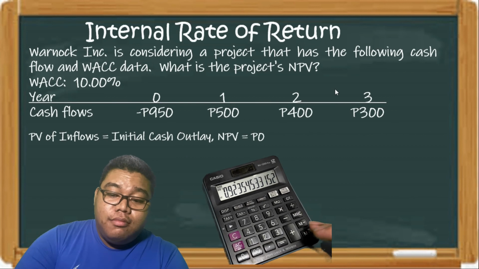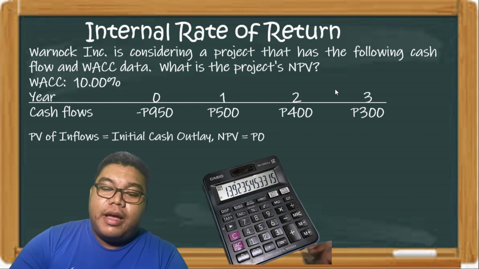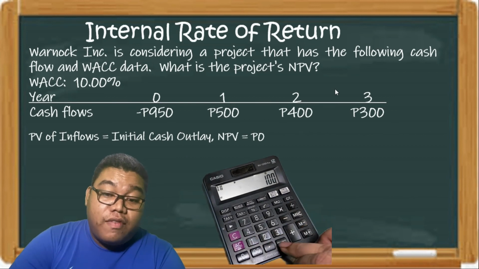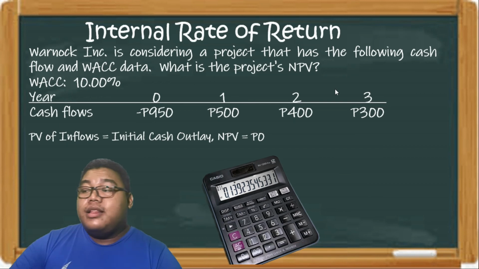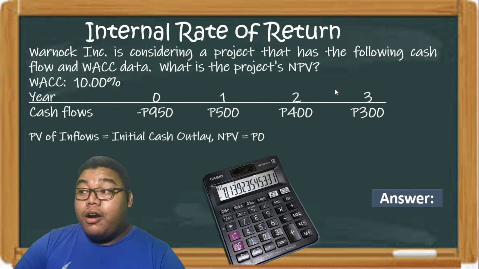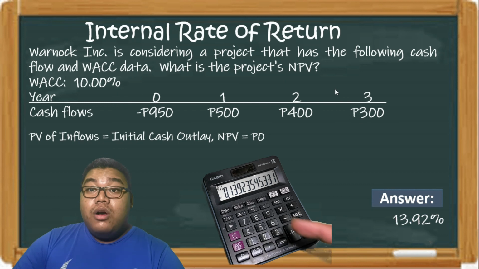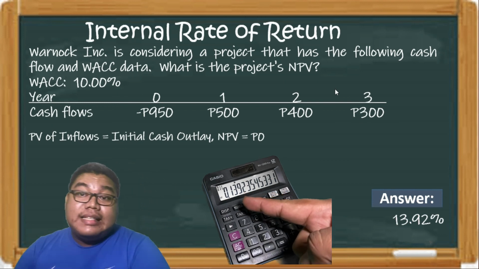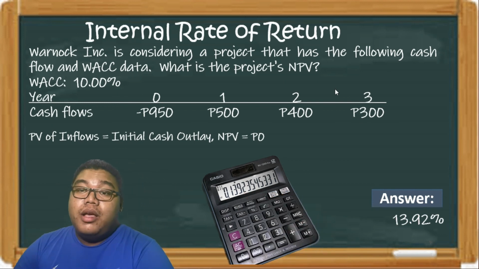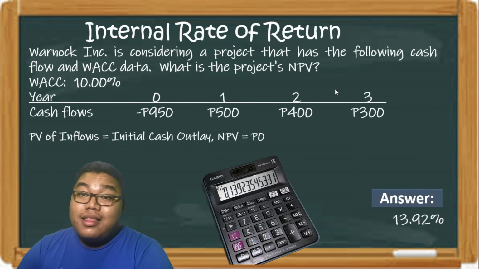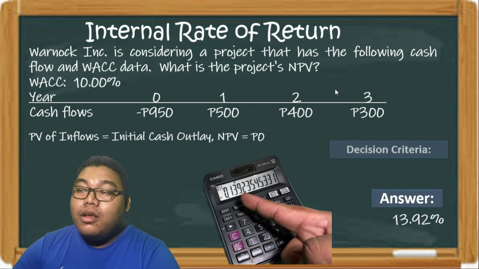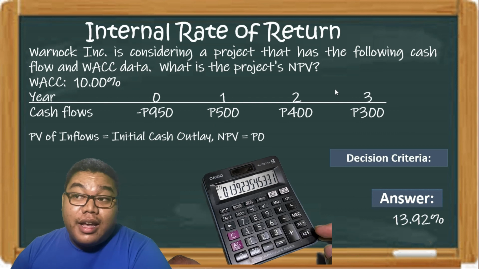Plus 13, then divided by 100 so we get the percentage value, and it would be 13.94%. So we will actually not get an exact amount in here because we have rounded off, but if we would use exact factors, we would get 13.92%.